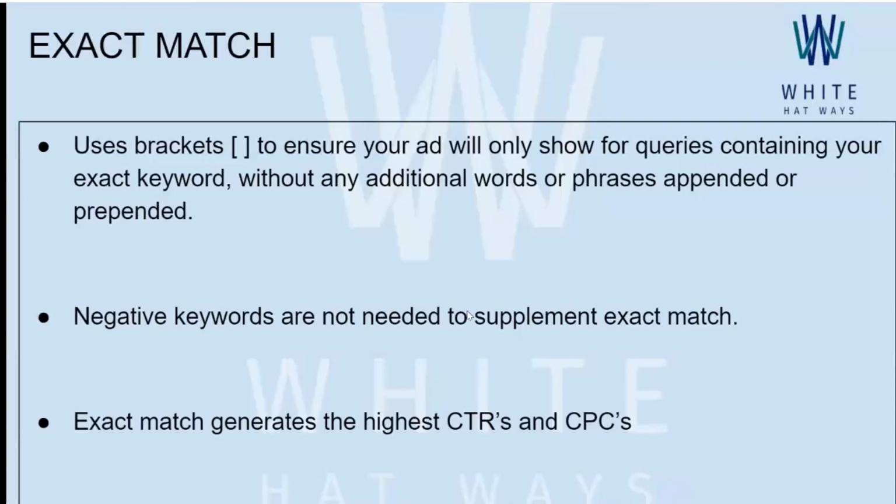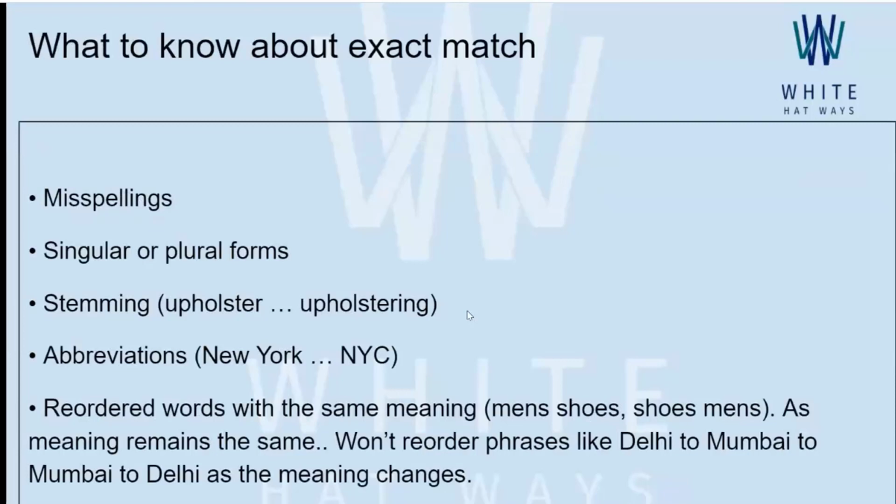And when somebody sees their search terms appearing in the headlines and descriptions, they obviously give it a click. The highest CTRs are generated by the exact match types, and obviously the highest CPCs as well. Cost per click would be high, as and when we are refining the match types, the CPCs go higher.